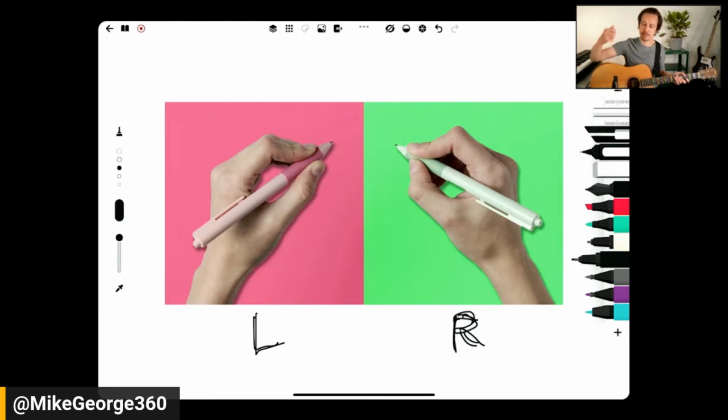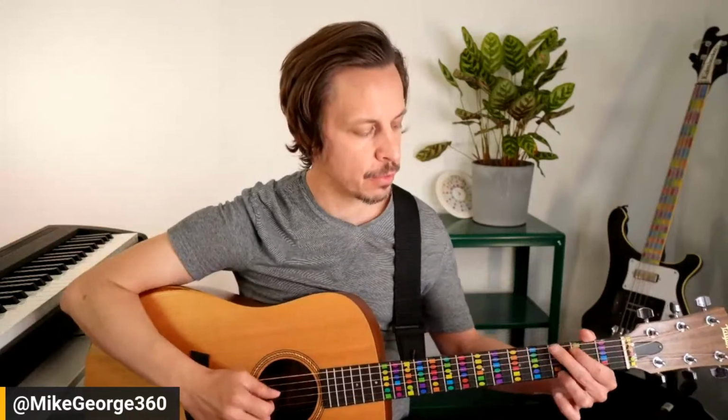If you're right-handed, the reverse is true. The weird thing about the guitar, though, is even though I'm personally right-handed, my left hand handles most of the hard work in terms of picking out the notes and moving through harmonic space. My left hand is kind of my dominant hand.